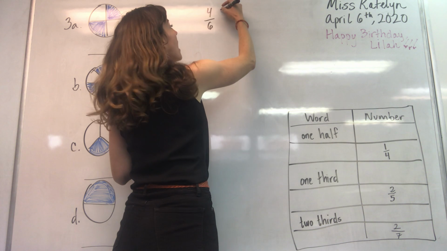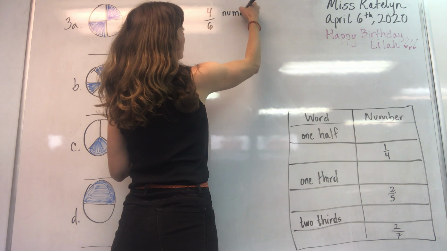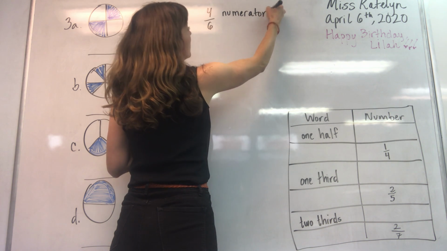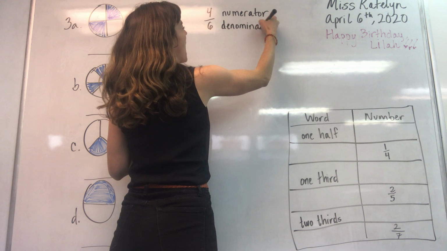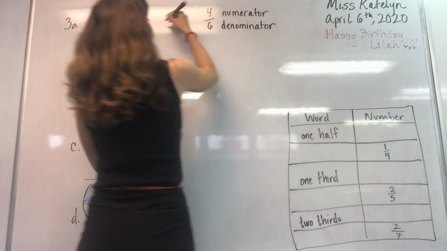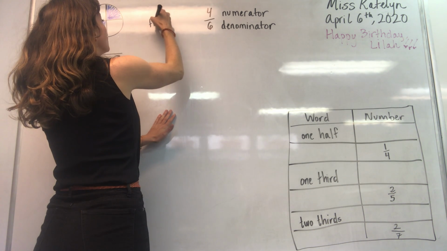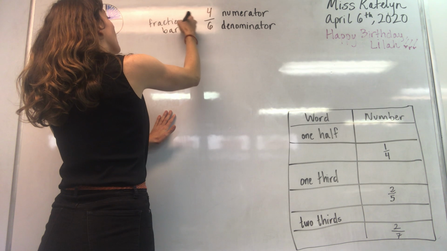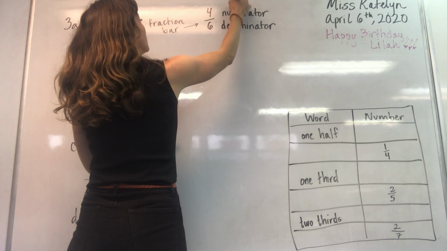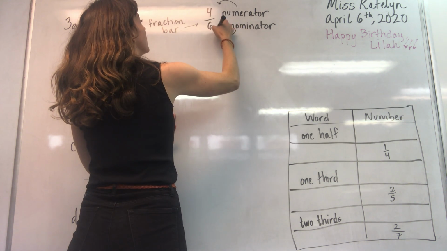The number on the top is the numerator. The number on the bottom is the denominator, down below. And then the bar in the middle is called the fraction bar. Okay, fraction bar, numerator, denominator.